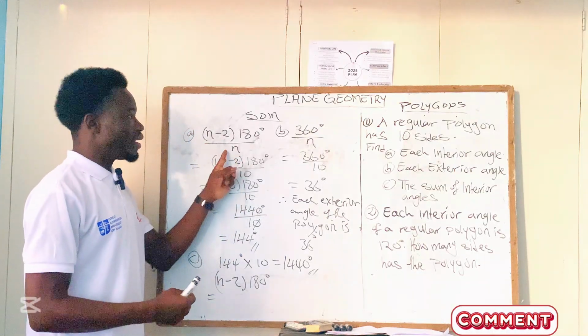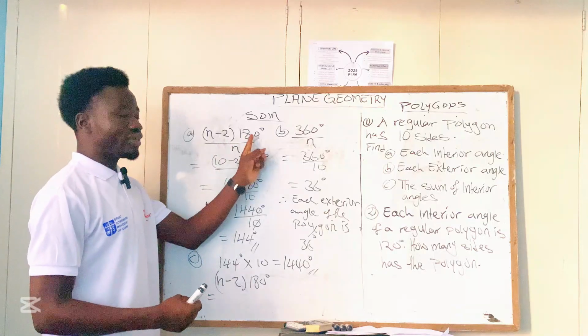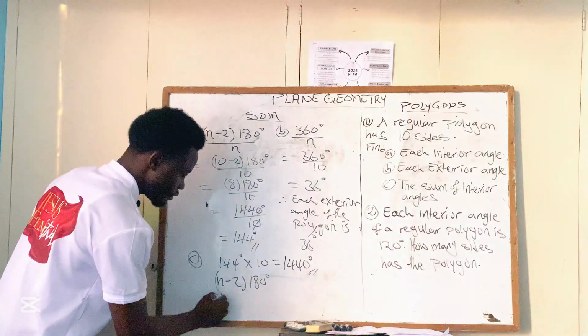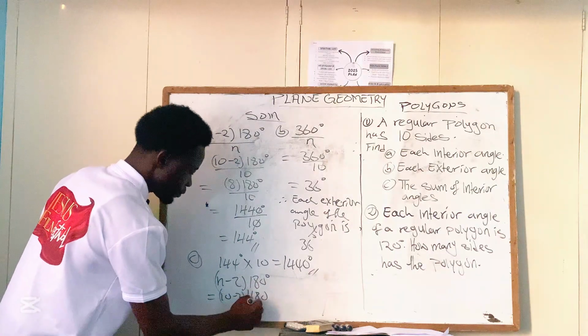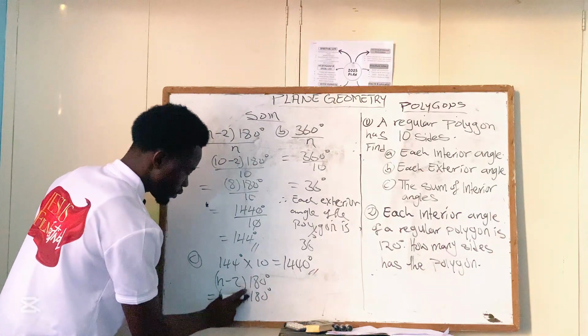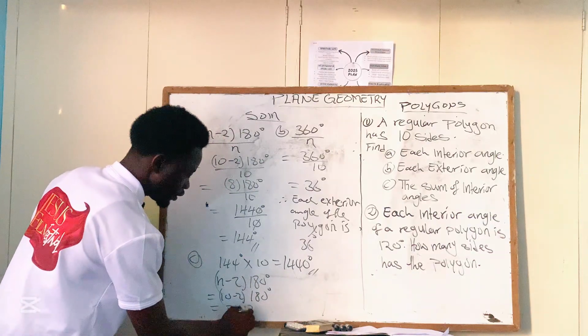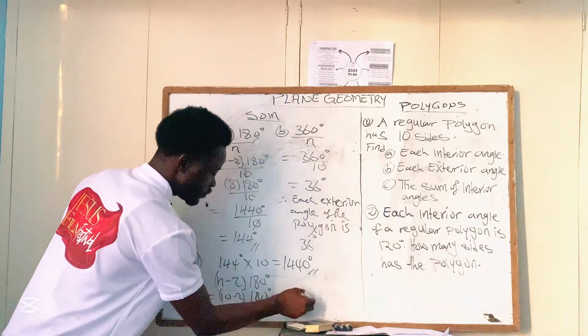But if you don't divide by n, it means this is a sum. n minus 2 times 180 degrees, that's the sum. And so here we have 10 minus 2 times 180 degrees, which is equal to 8 times 180 degrees, which is equal to 1440 degrees.